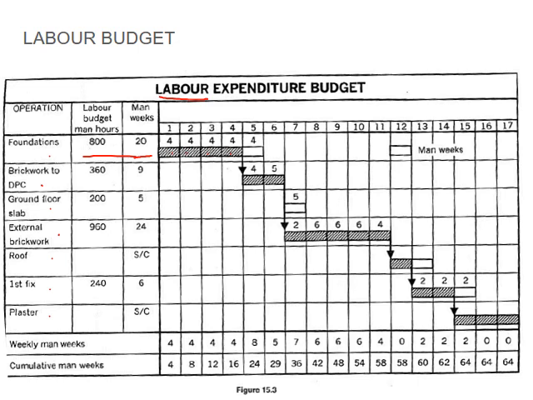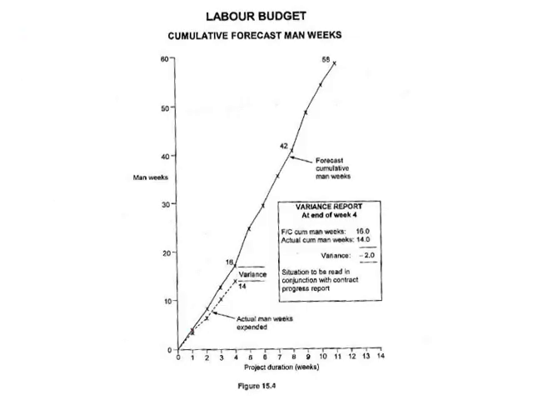So you immediately you've got 4 man weeks planned for your first week of these for your foundations, another 4 there and a 4 there. So you have your cumulative man weeks here at the bottom, which you just plot on your graph like such.